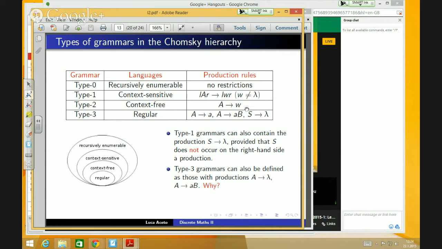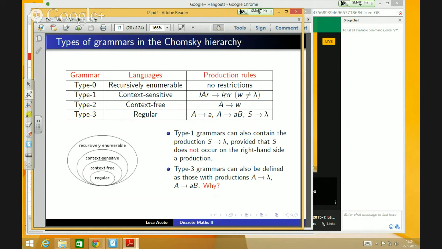Namely, on the left-hand side of the production, you have a single non-terminal. On the right-hand side, you can have any string of terminals and non-terminals. So if somebody asks you, like Dr. X, to prove that a language is context-free, all you need to do is to come up with a context-free grammar, that is to say, a grammar that has productions only of this type that generates the given language.